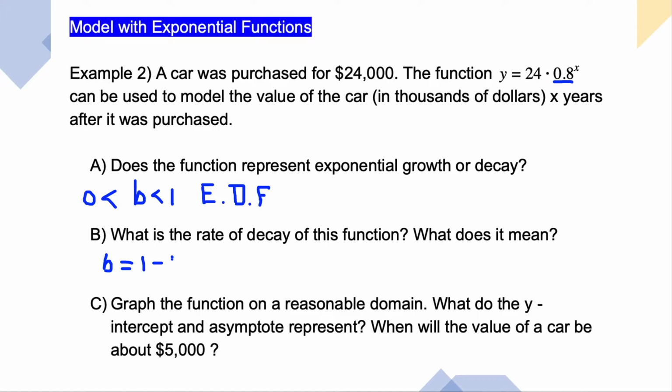So now here b is 0.8, and it is equal to 1 minus r. If we solve this equation for r, it is going to be 0.2. So r is equal to 0.2.